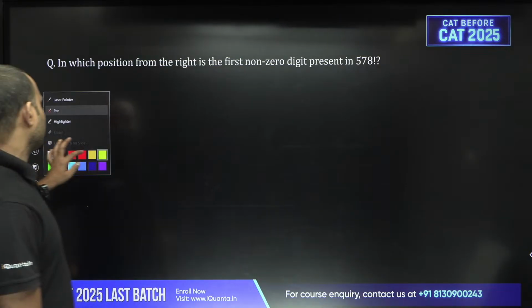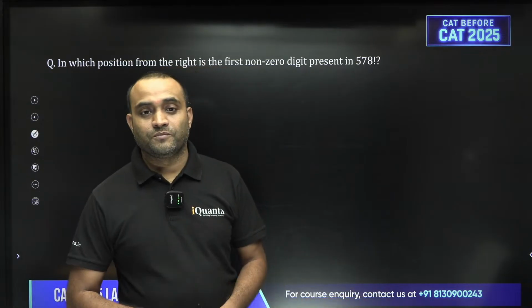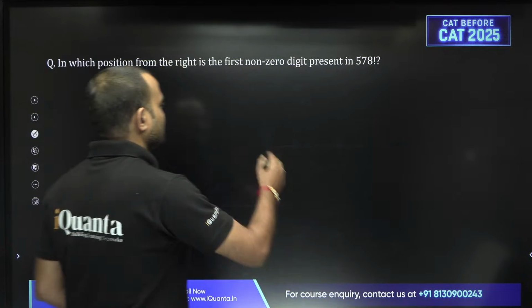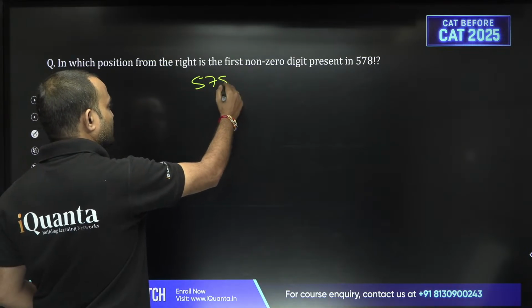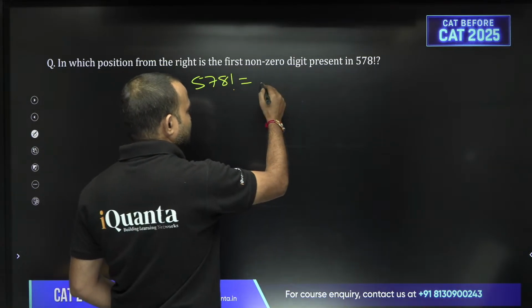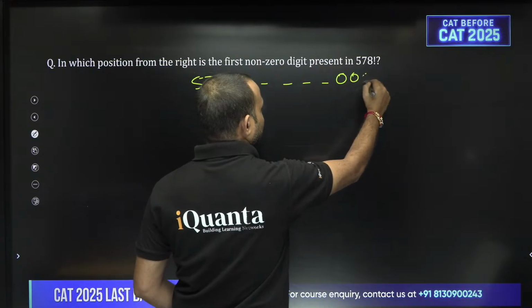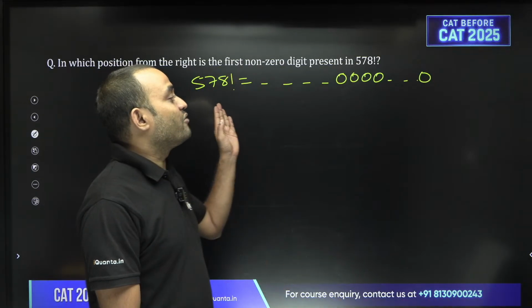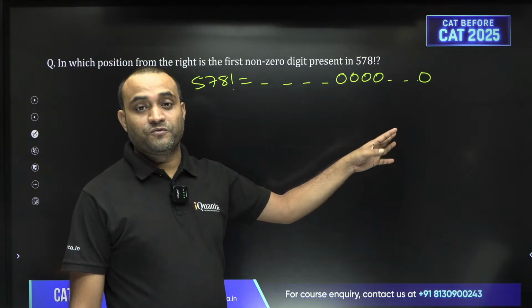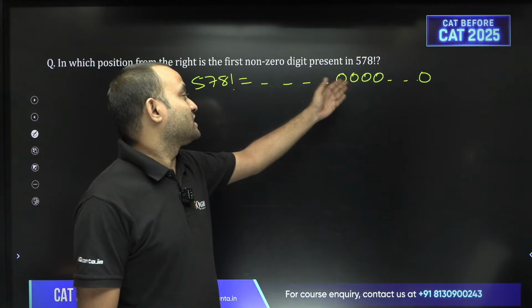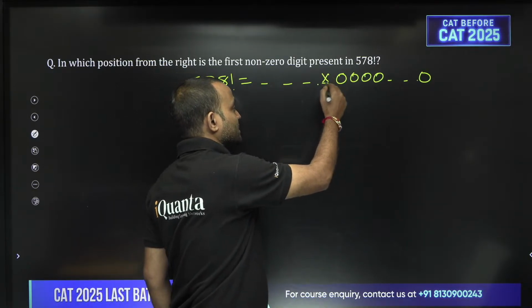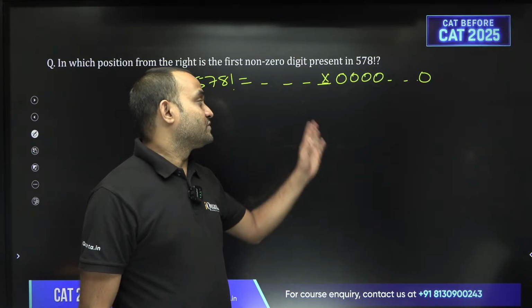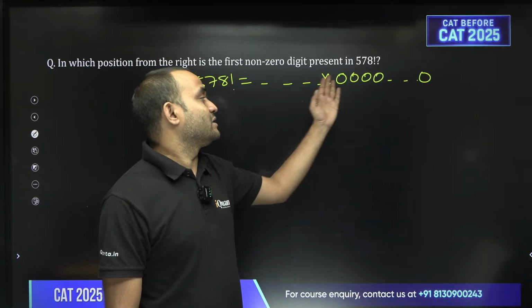Tejaswini, we don't need to prime factorize 578 factorial. We just need to understand that when you expand 578 factorial, there will be some numbers and it will end in a few zeros, right? If we find how many zeros there will be, then just after these zeros, there will be one digit, which is a non-zero digit. So if there are n zeros, the answer will be n plus 1.